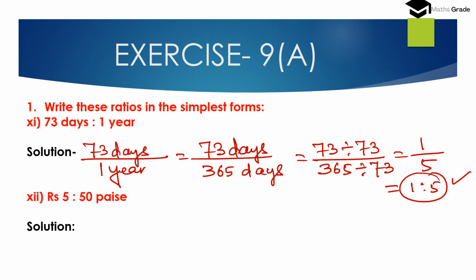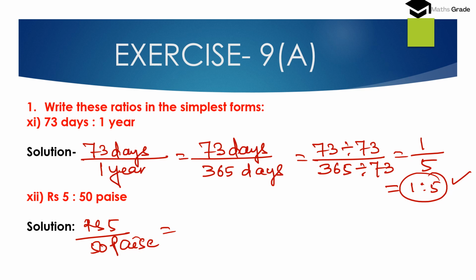Now 12th bit, 5 rupees is to 50 paisa. We can write 5 rupees is to 50 paisa as 5 rupees divided by 50 paisa. The antecedent 5 rupees and the consequent 50 paisa are not of the equal unit.